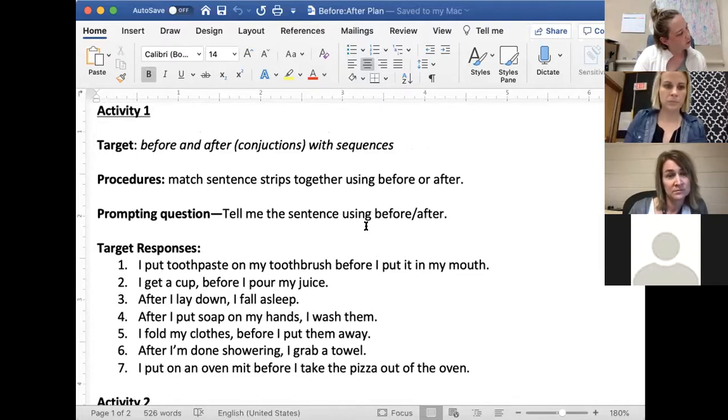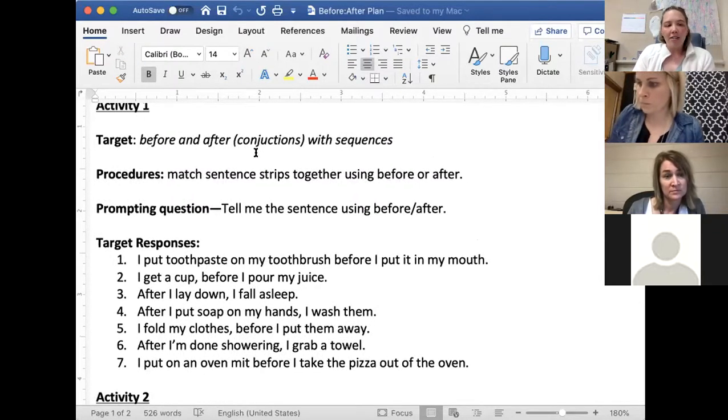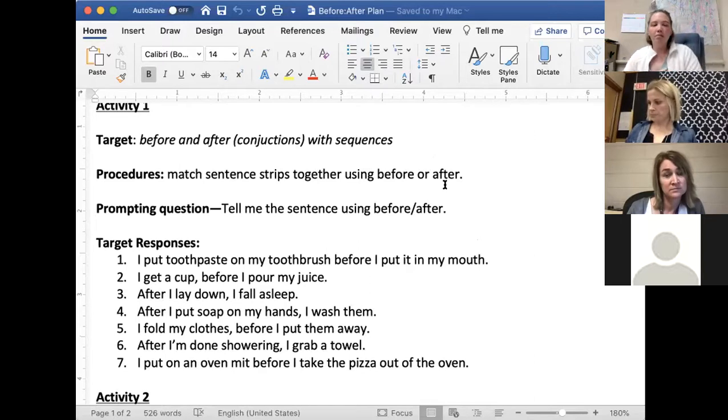I can't quite pinpoint it right now, but this is higher. So I write the target on top, and then the procedures of how I'm going to do this. So making sentence strips, so that you have the first part and the second part, and then you just say, tell me the sentence using before and after.